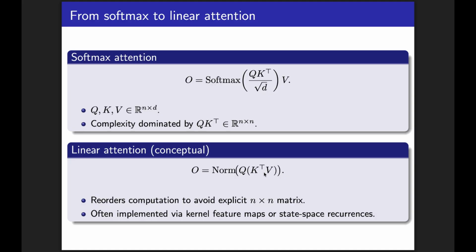So with this reordering, which is just a conceptual equation that will be implemented in a bit more complex way, as we're going to see later on, we don't have any n by n matrix. We just end up with at most a d by d matrix.